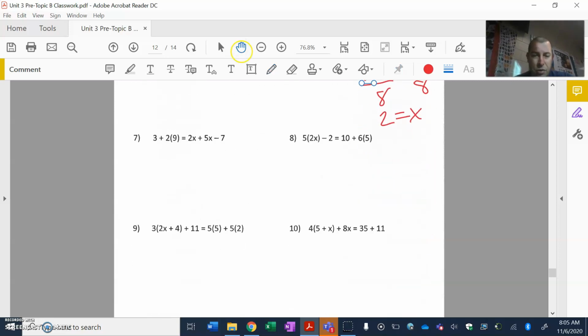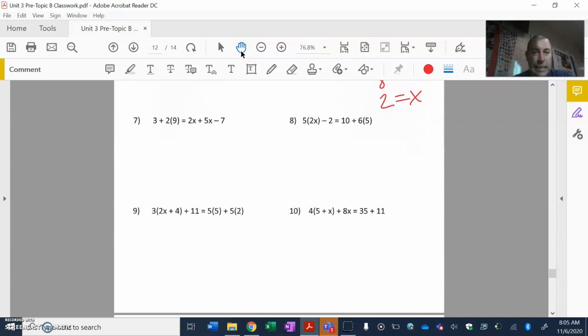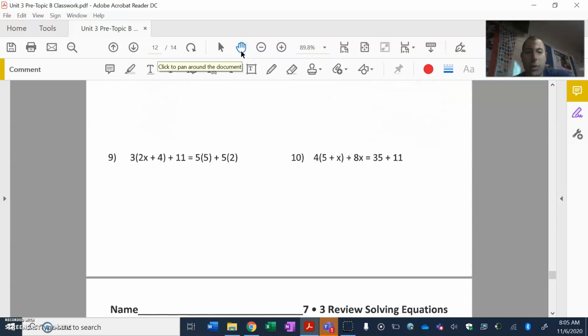Let's find another good one. Let's go down to question number 9. In question number 9, again, we're looking to combine some like terms to simplify. On the left-hand side, I see the distributive property. A number up against parentheses, make sure you multiply it to everyone in there.